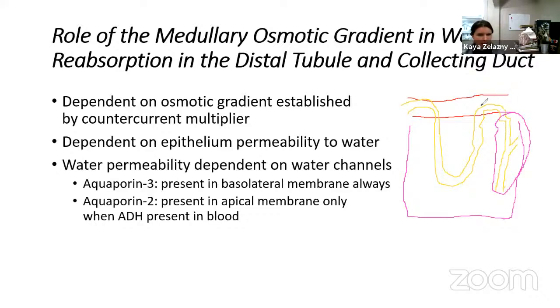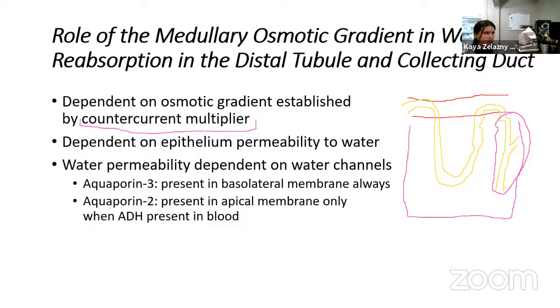It's setting it up for when the fluid then passes back into the medulla in the distal tubule and the collecting duct. So more formally, we say it's dependent on the osmotic gradient established by the countercurrent multiplier. That countercurrent multiplier, right, was the loop of Henle, the fact that we have water coming out in the descending limb, but we have a bunch of ions being pumped out in the ascending limb.